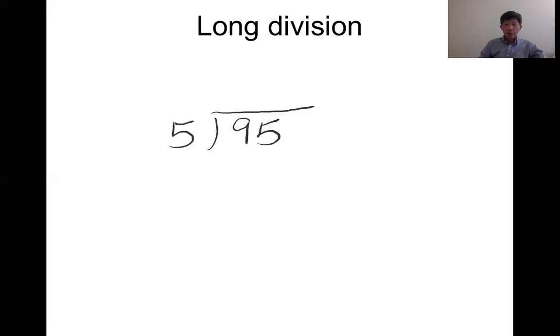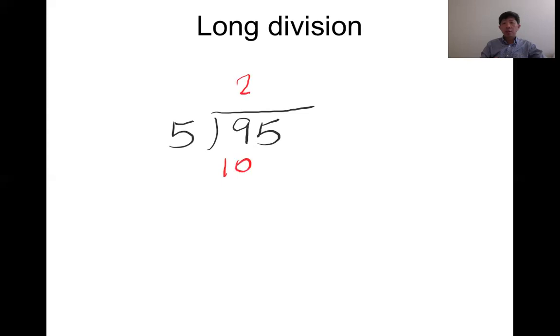Since this is a 9, I don't have a problem with the first number. I have to fill in this. If I fill in 1, I get a 5. If I fill in 2, can I do this?